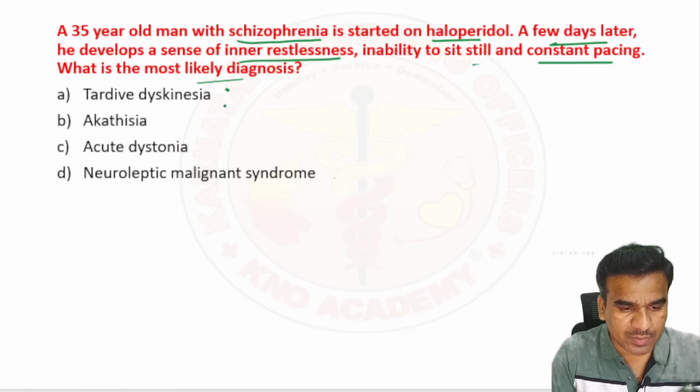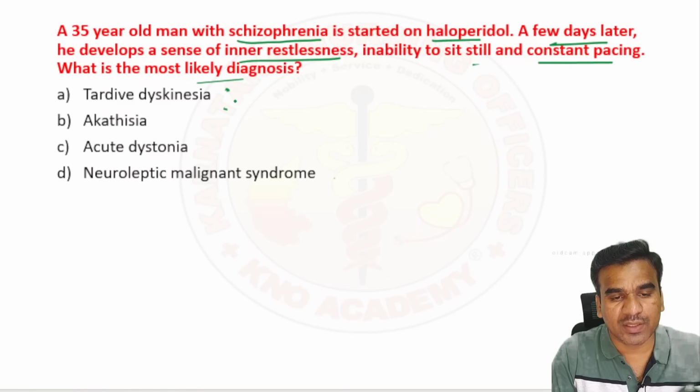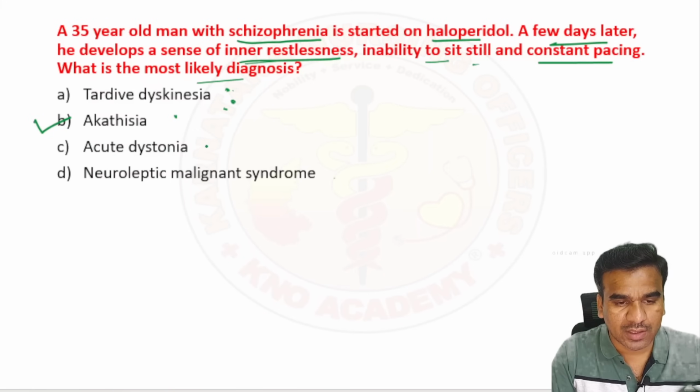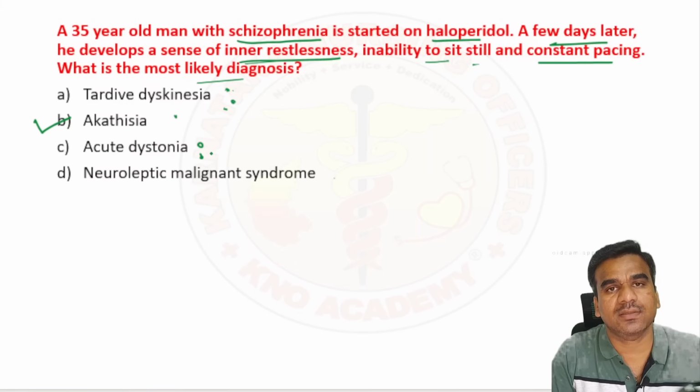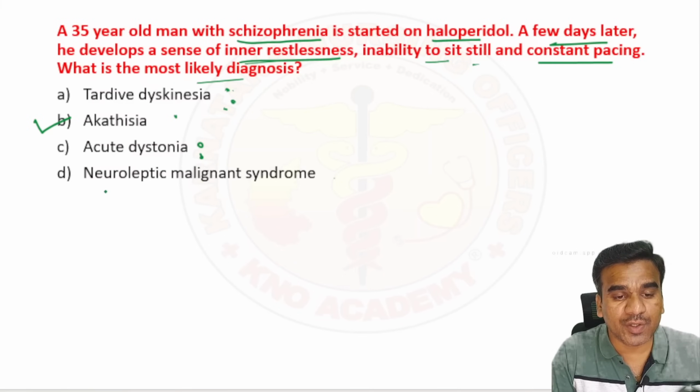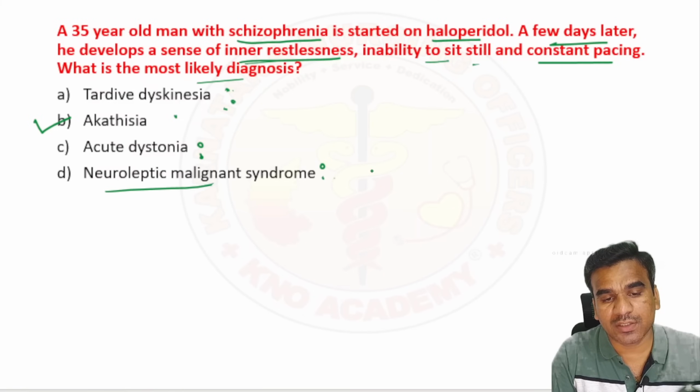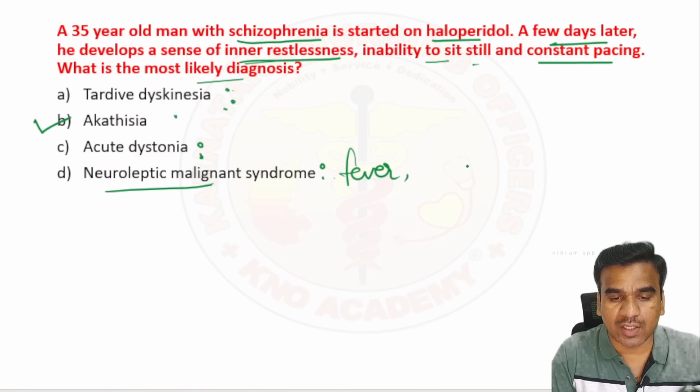Tardive dyskinesia means involuntary movements of the body. Inner restlessness, inability to sit still, and constant pacing is akathisia, so the right answer is akathisia. Acute dystonia is involuntary muscle contractions, and neuroleptic malignant syndrome consists of fever, muscle rigidity and autonomic dysfunction.